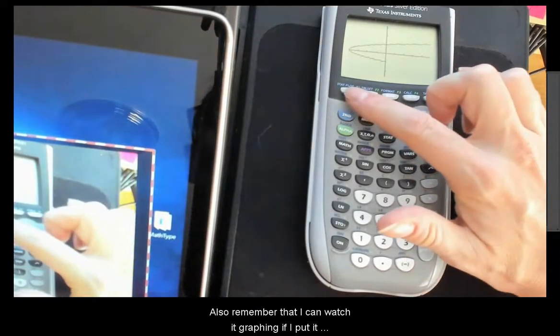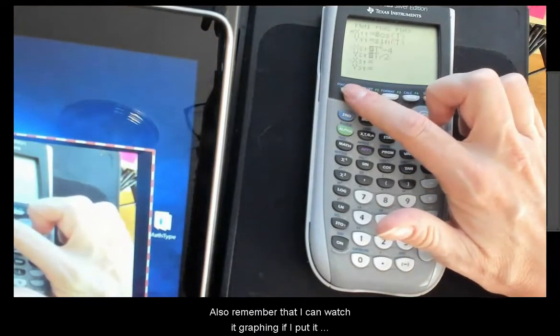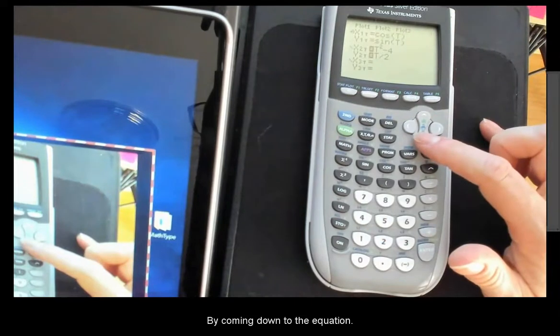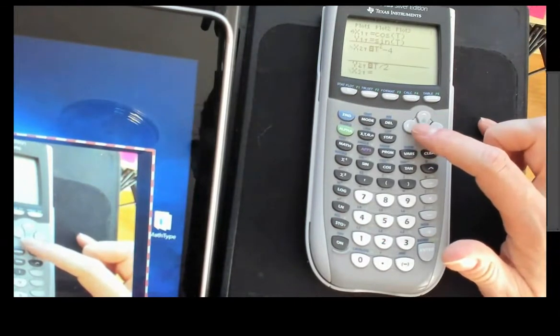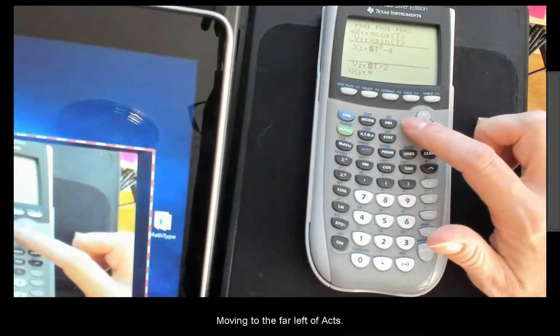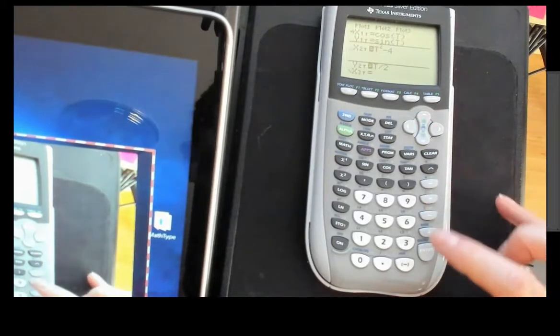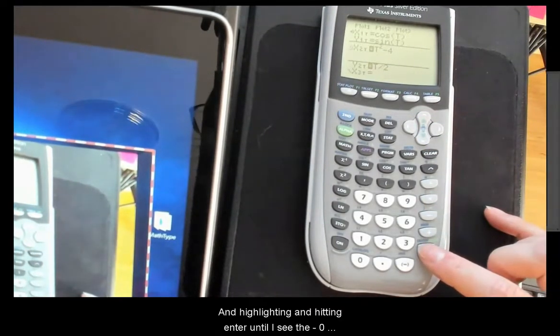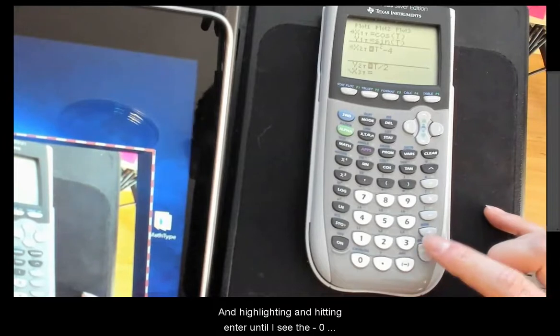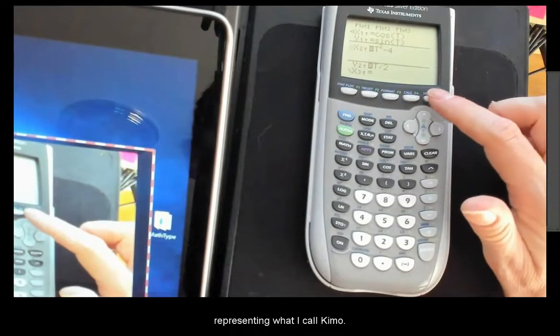Also remember that I can watch it graphing if I put it into the key mode by coming down to the equation, moving to the far left of x of t, and highlighting and hitting enter until I see the -0 representing what I call key mode.